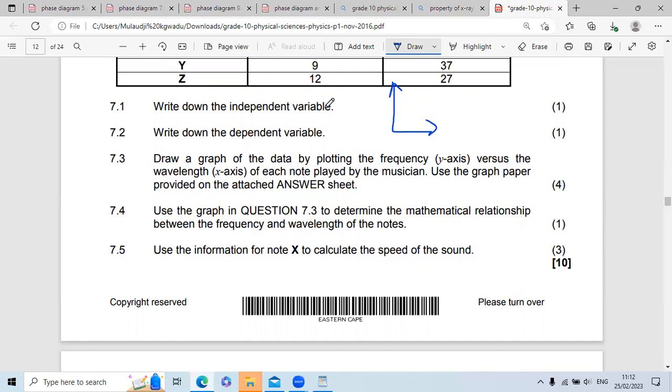Now the independent was the wavelength and the dependent was the frequency, and they want the frequency on the y and the wavelength on the x.